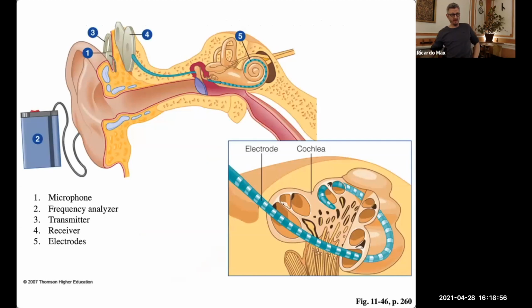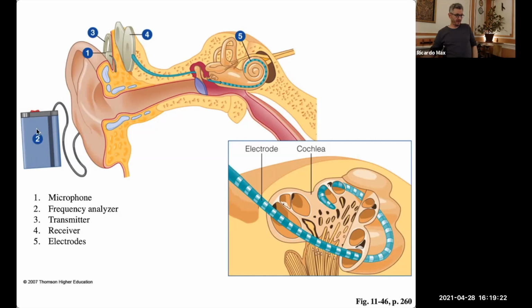And it's a neuroprosthetic. It's an implant. We all know it. We see it around. Behind the ear there is a microphone that is attached to a frequency analyzer. The battery is here.